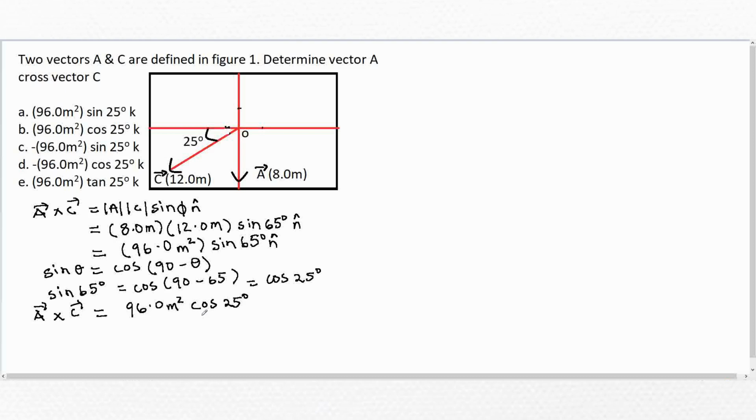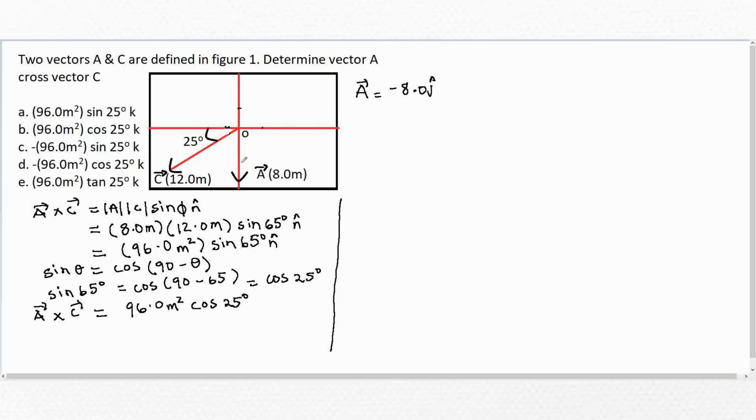In that case, what we have to do is resolve the vectors A and C into their component form and use a different method. So let's resolve the vectors into their component form. We can write the vector A to be equal to negative 8.0 j hat.